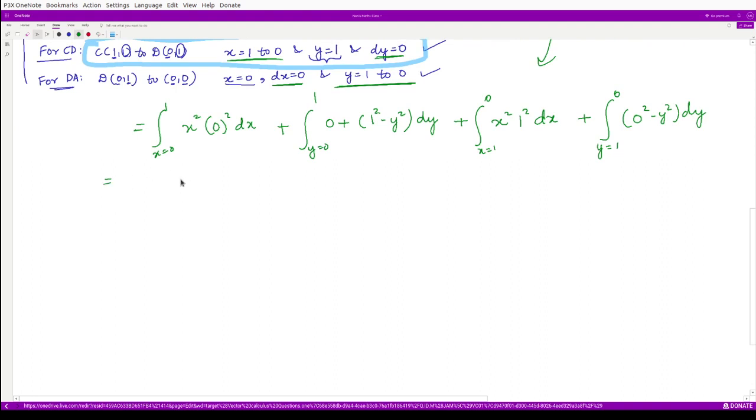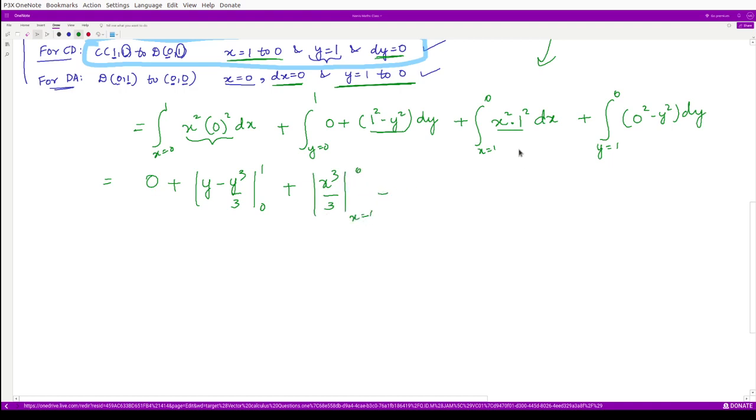So the next step is just to solve this much portion. Obviously here the integration of 0 would be 0, and then here it is 1 minus y square, so its integration would be y minus y cube by 3, and the limits of y here vary from 0 to 1. Then here the integration of x square would be x cube by 3, and the limits here would be from 1 to 0.